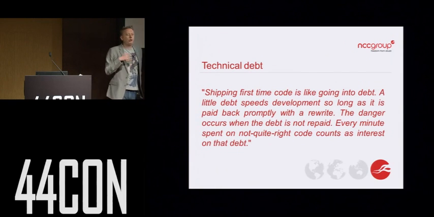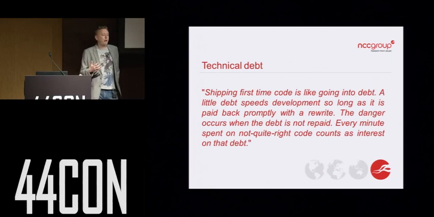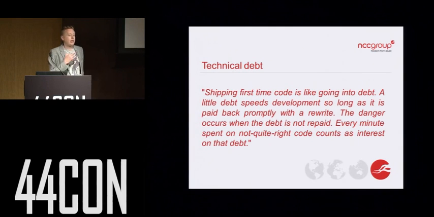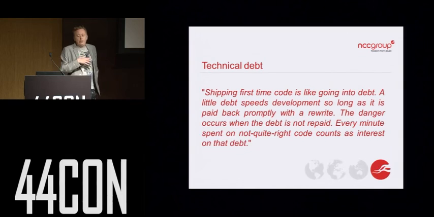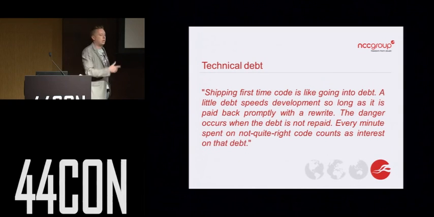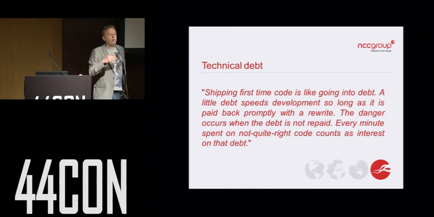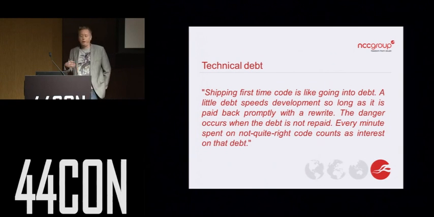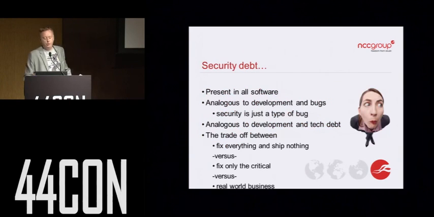And as a result, by not having bug-free code, you incur some level of technical debt in the software. We can take this concept and extend it to security. As they say in technical debt, every time you continue to work on that not quite right code, you're wasting effort if you're going to have to go and refactor or remove it in the name of features.